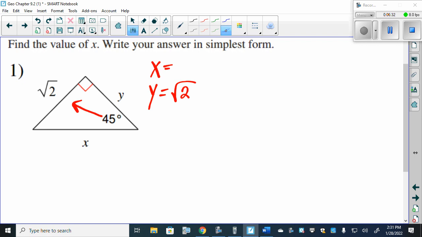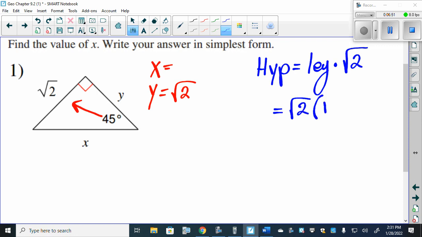And to find the hypotenuse, we take the leg and multiply it by the square root of 2. So, what's the length of the leg? Square root of 2. So square root of 2 times the square root of 2 is what we need to do.